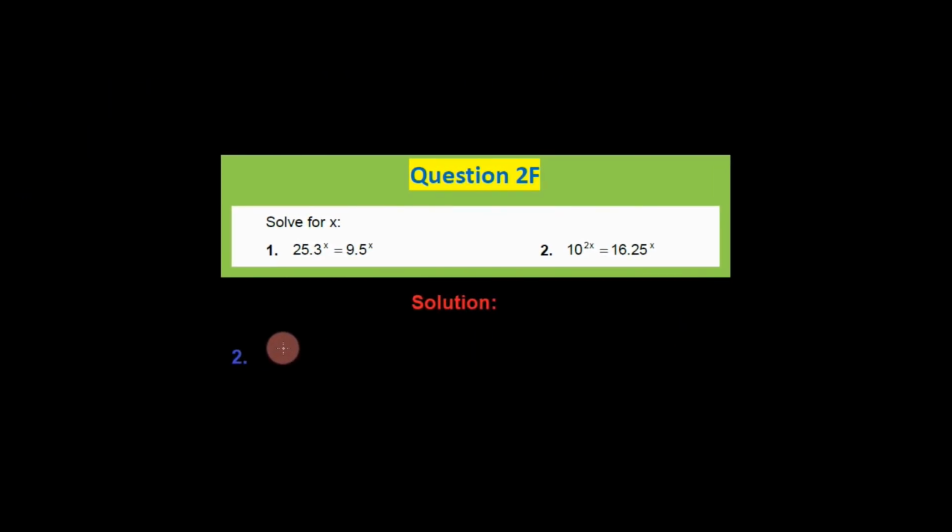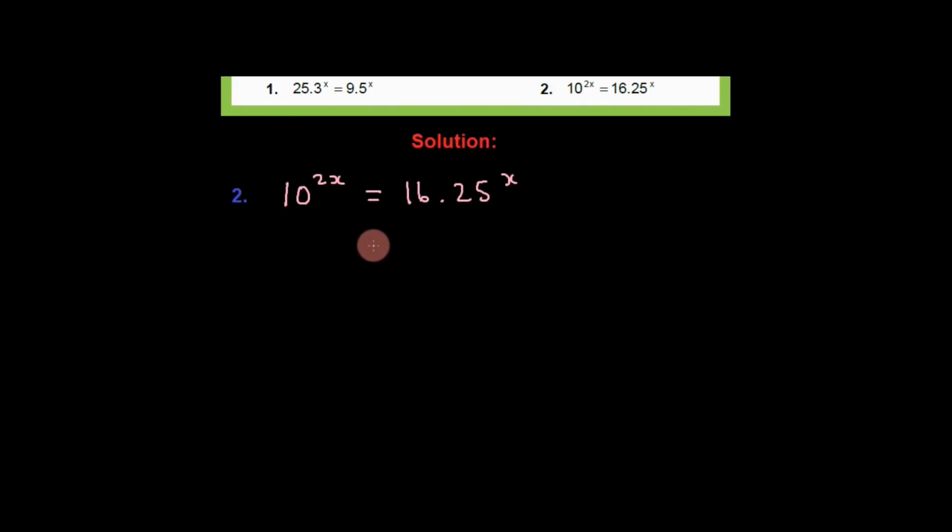In the second equation, we have 10 to the 2x equals 16 times 25 to the x. Now we can write 25 as 5 squared. So 25 to the x will be 5 to the 2x.